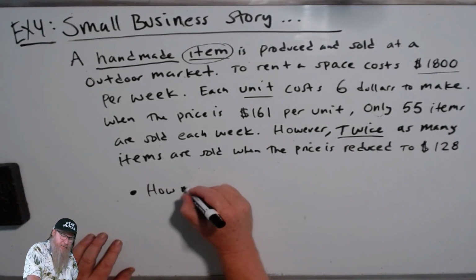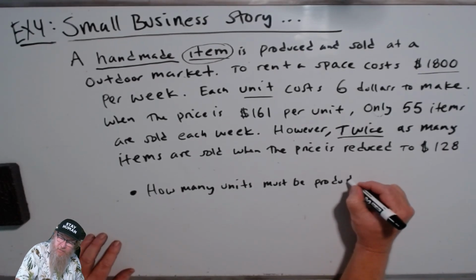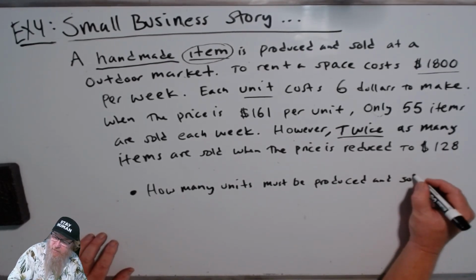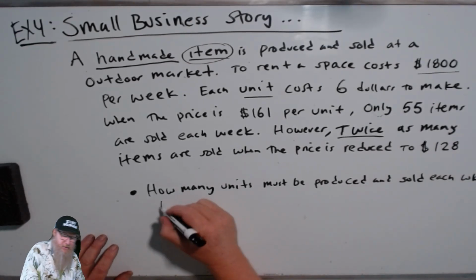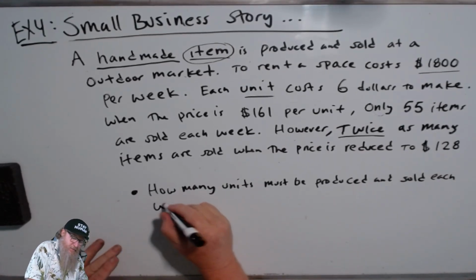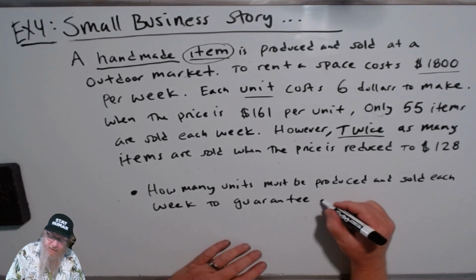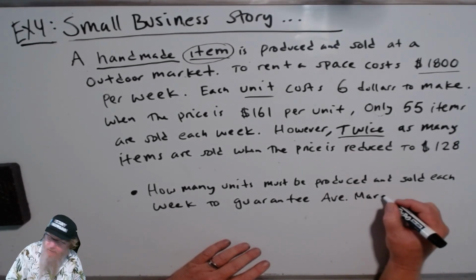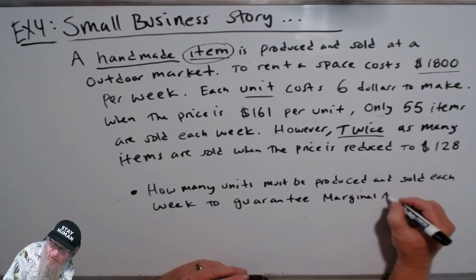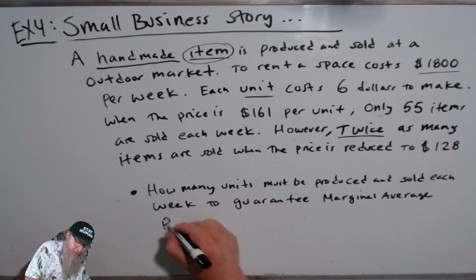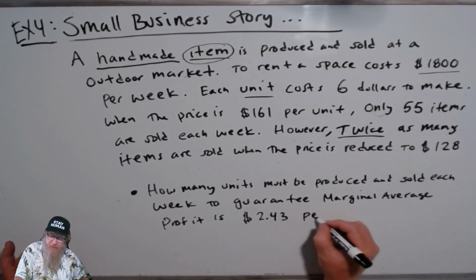How many units must be produced and sold each week to guarantee the marginal average profit is $2.43 per item.